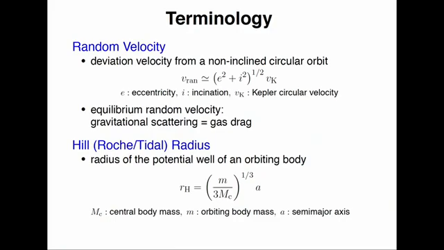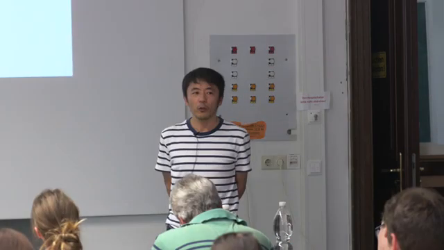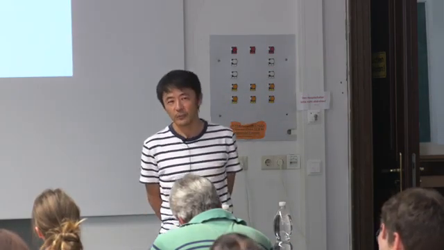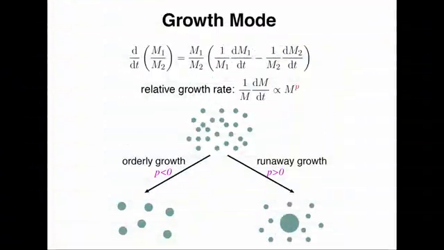Okay, so now let us consider the growth modes of planetesimals. Suppose we have now two planetesimals with mass m1 and m2. Maybe initially m1 is larger than m2, let's assume. And the time evolution of this ratio is given by this formula, right? I just expanded it. And from this equation, we know it is this relative growth rate that governs the growth mode.